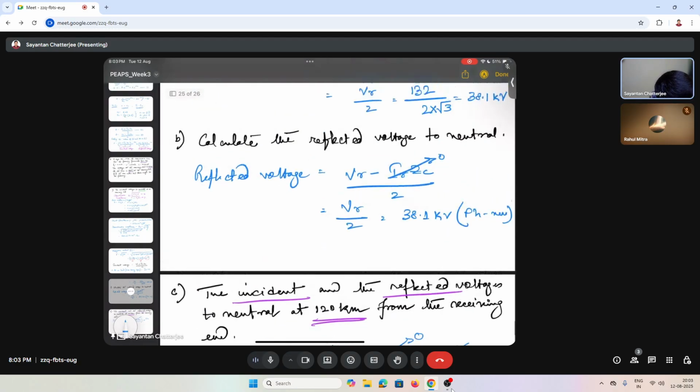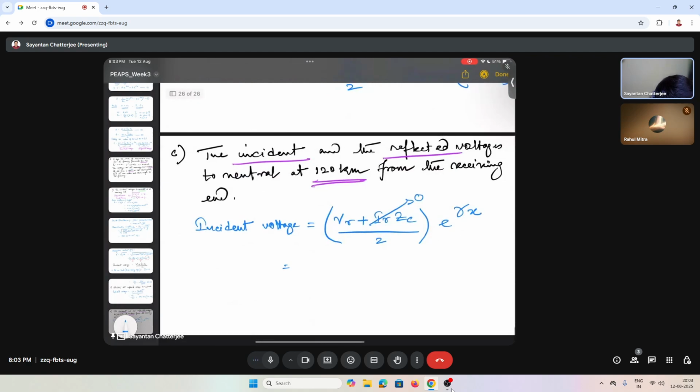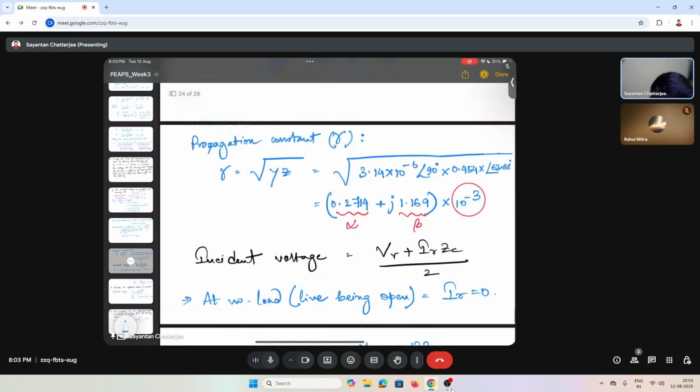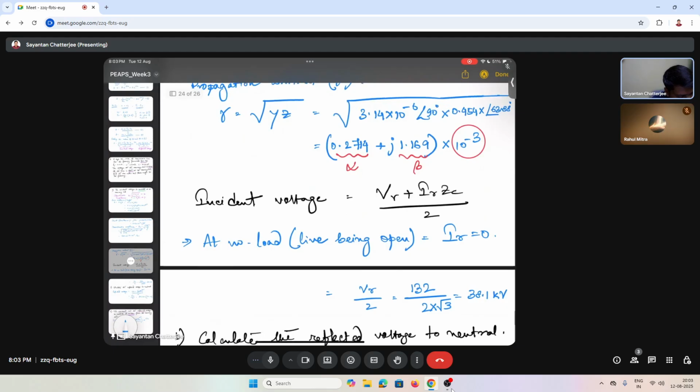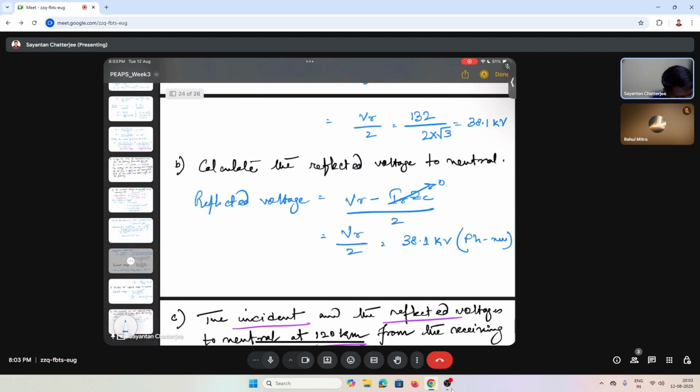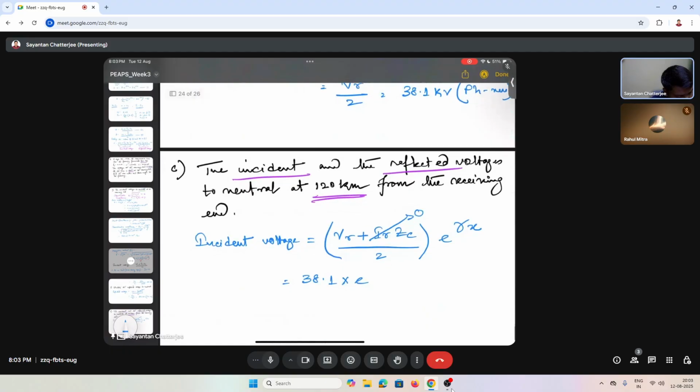So VR by 2 is 30.1 kV, I guess, into e to the power gamma. So gamma is this entire thing, and x is 120.